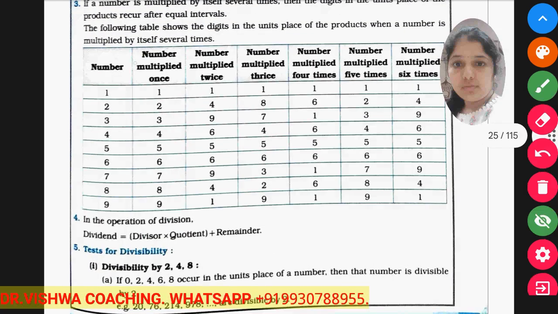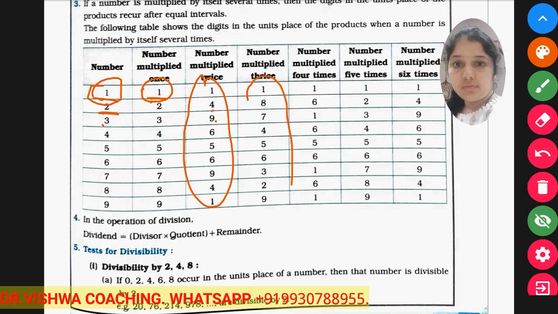If any number is multiplied by 1, like 1 multiplied by 1, then the unit place gets 1 as the answer. If it is multiplied twice, means 2 twos are 4, 3 threes are 9, so the unit place is occupied by these numbers. If it is multiplied thrice, the unit place is occupied by this number.